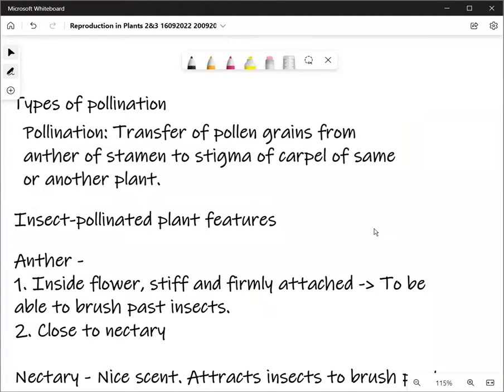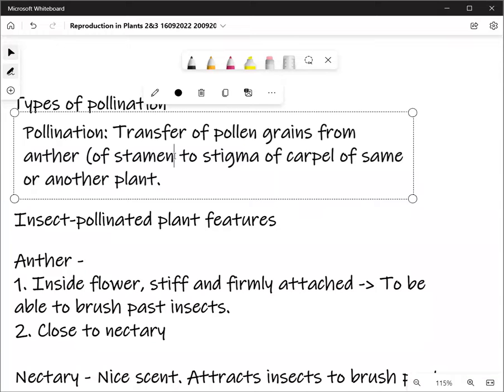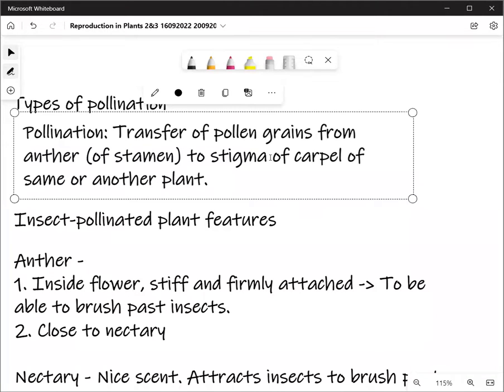You don't have this right here, the stamen, is just to tell you that it's the male organ, while the carpel is the female organ.